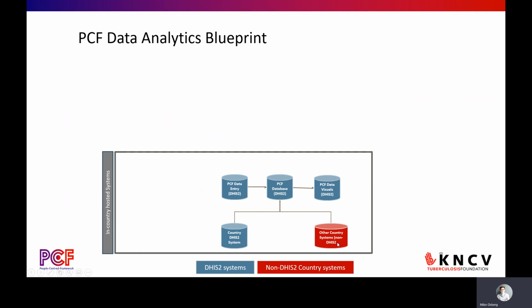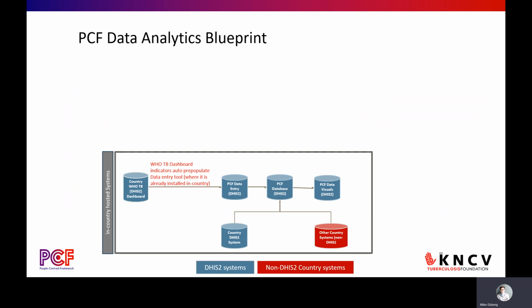There may be other country systems. These three steps are the data entry form, the database that sits behind it once you've entered the data, and then the PCF data visuals as part of that DHIS2 system. That's all packaged up in the metadata package that we just talked through, and is available for folks as part of that package.